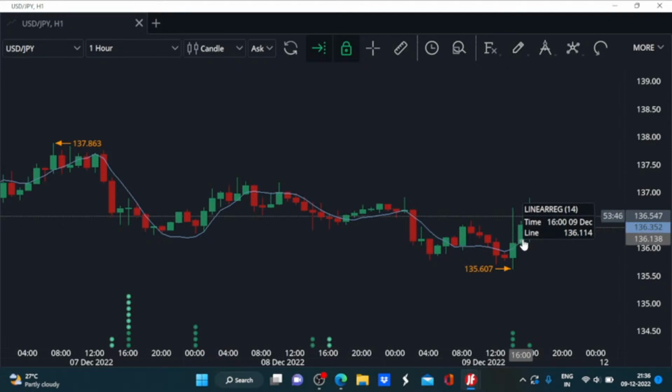So for each individual candle period, these values are plotted, then those values are simply co-joined to arrive at this line which looks like a moving average of the price.